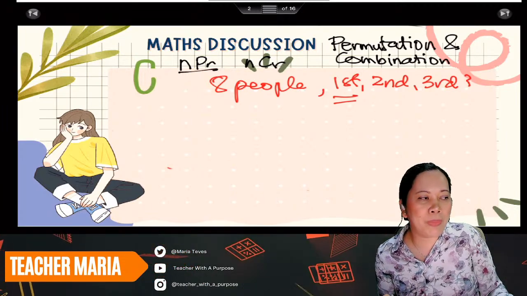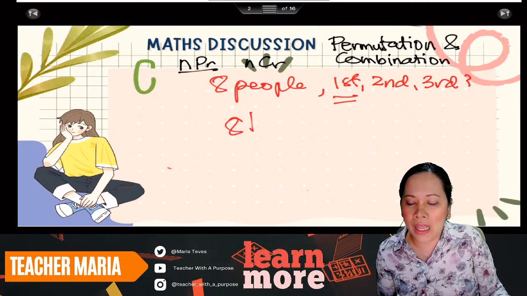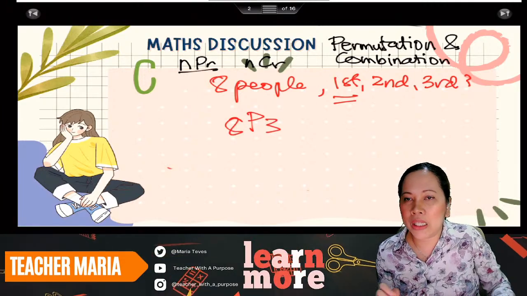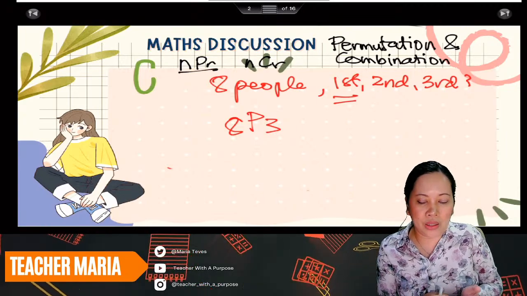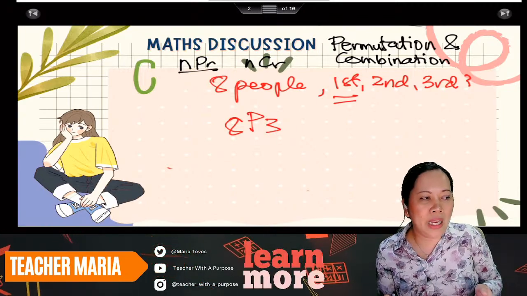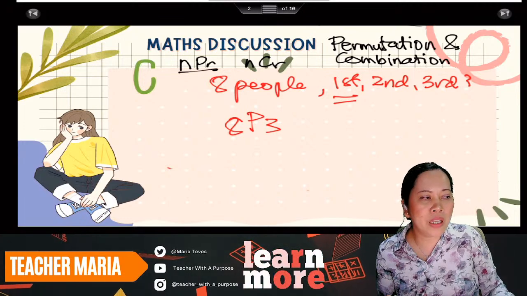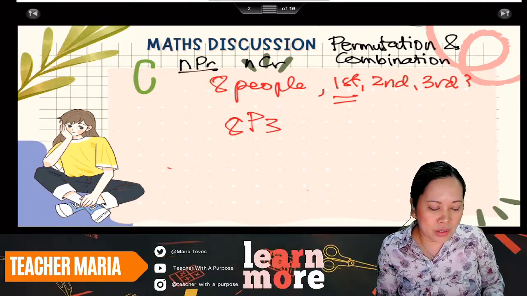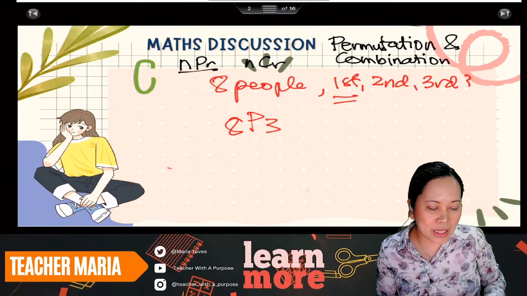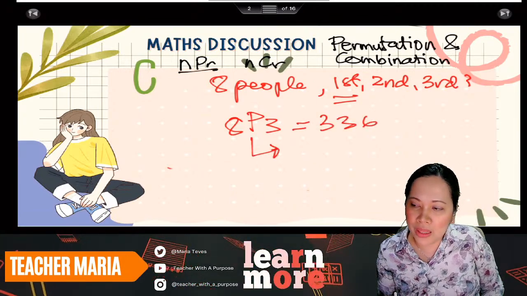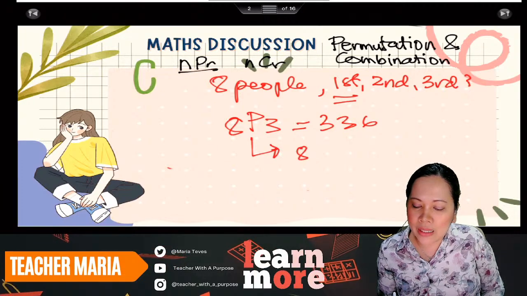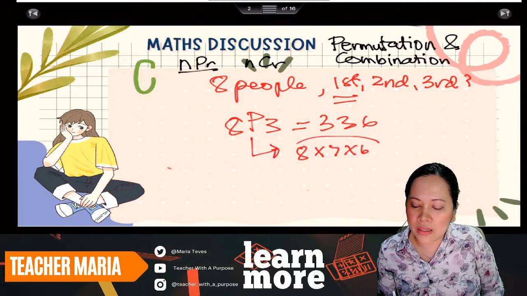So the permutation will be 8P3, because you have first, second, and third. The other way of doing this is just 8 times 7 times 6, which is 336.